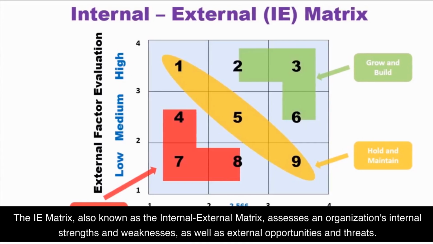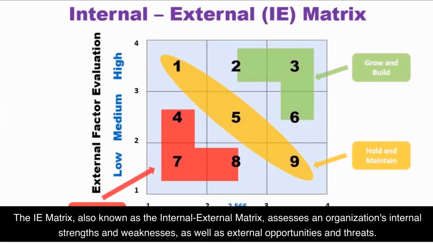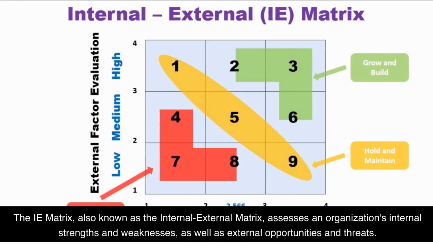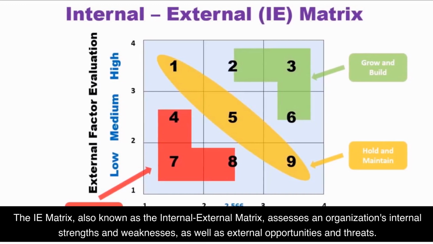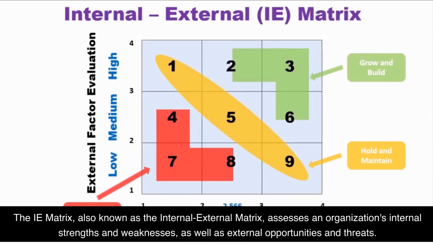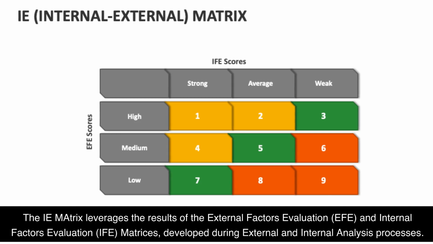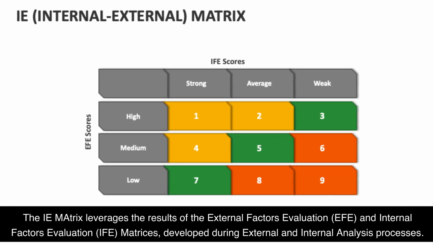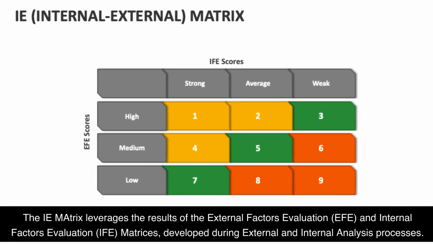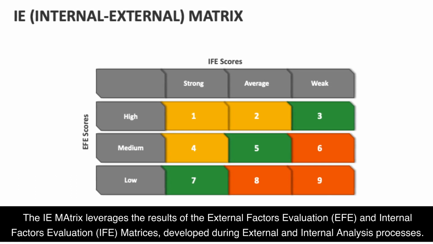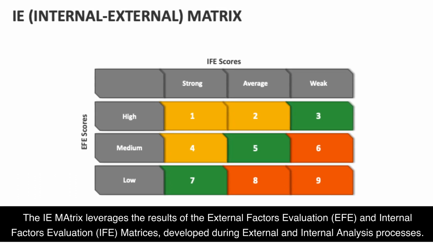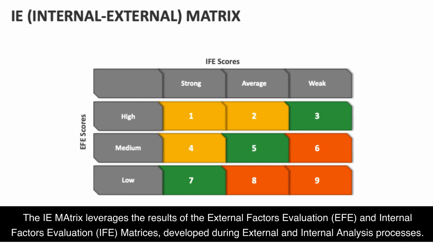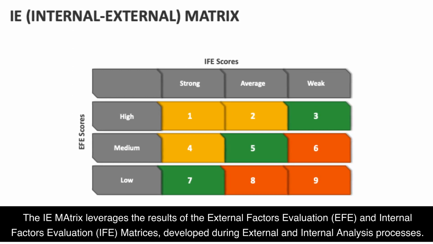The IE matrix, also known as the internal-external matrix, assesses an organization's internal strengths and weaknesses, as well as external opportunities and threats. The IE matrix leverages the results of the External Factors Evaluation (EFE) and Internal Factors Evaluation (IFE) matrices, developed during external and internal analysis processes.